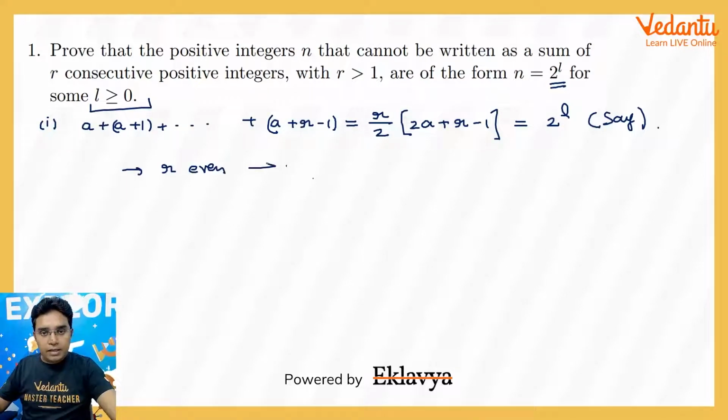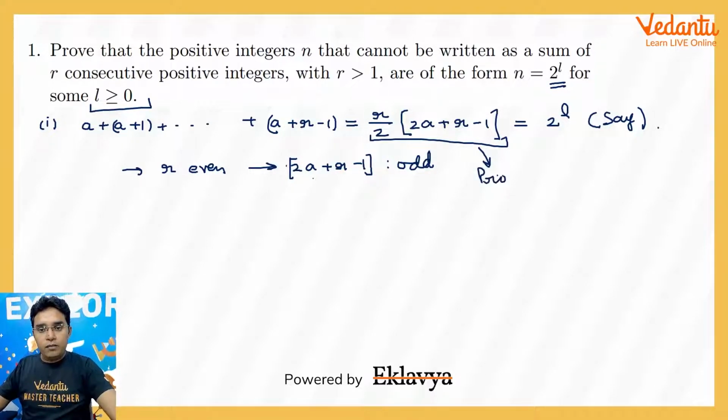And if r is even, then 2a plus r minus 1 will be odd, because 2a is even, r is even, so 2a plus r is even, minus 1 will be odd. And if that is so, then this product will have some odd factor in it, so this cannot be equal to 2 power l. I hope you are getting it. So we have got a contradiction. So the sum of any r consecutive integers cannot be equal to 2 power l.